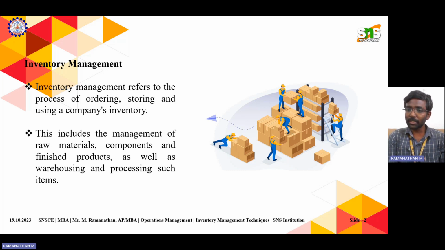Inventory is tangible goods, the things which are touchable. Either it may be a raw material or a finished good, or maybe a work in progress. Such goods we call inventory.